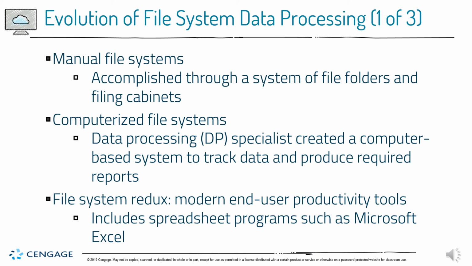A data processing specialist was hired to create a computer-based system that would track data and produce required reports. The user's desire for direct, hands-on access to data helped to fuel the adoption of personal computers for business use. File system redux includes modern end-user productivity tools, such as spreadsheet programs like Microsoft Excel.